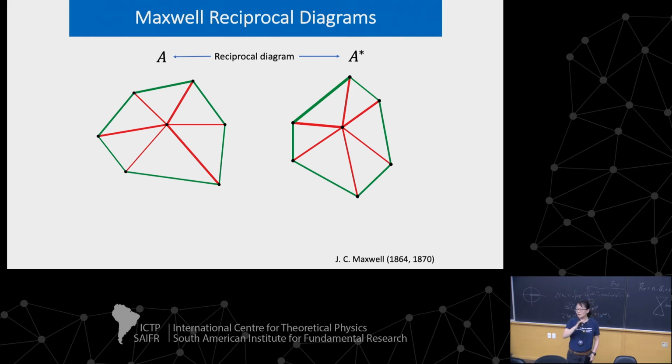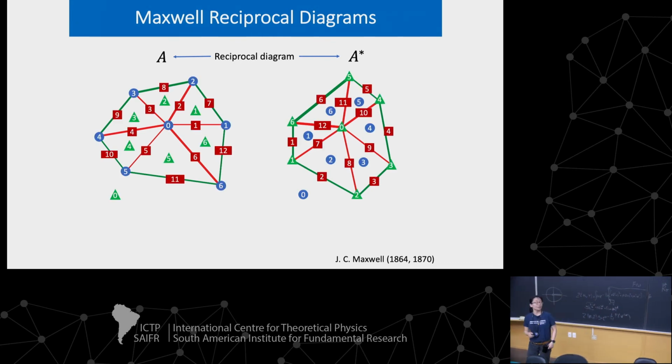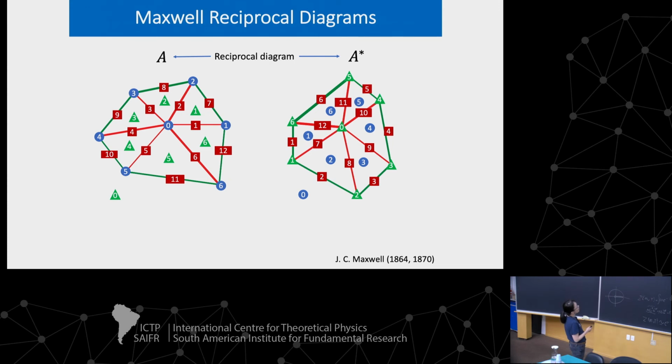That theorem is actually not too hard to prove. So for example, you take a mechanical network like this. Here is its reciprocal network. And to help you see the correspondence, I put labels on the network. For example, I look at this node here, 1. It becomes a face here. This node is connected to 3 bonds, 1, 7, 12.